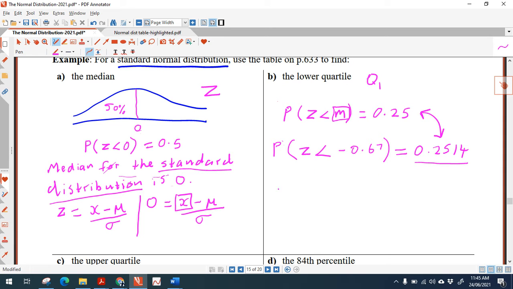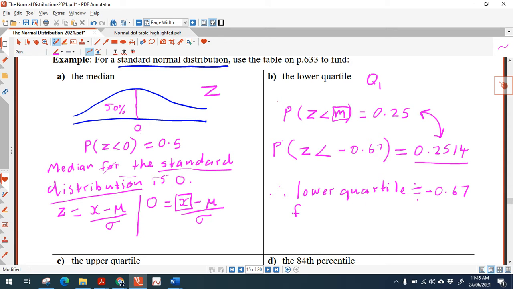Therefore, the lower quartile, or Q1, is approximately negative 0.67. It's approximate because we didn't get exactly 0.25 in the table, we got 0.2514. So this is the approximate value for the lower quartile.